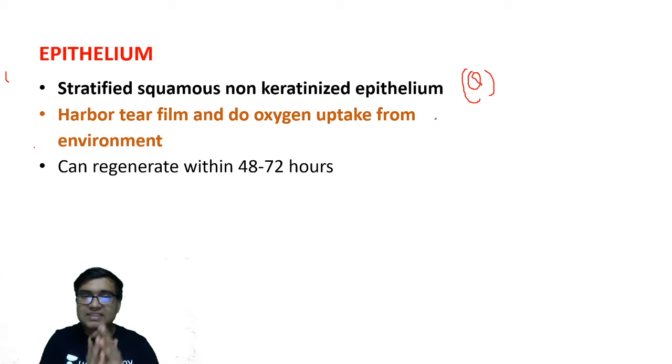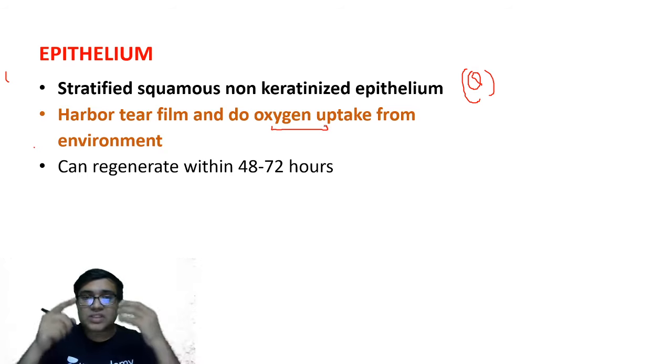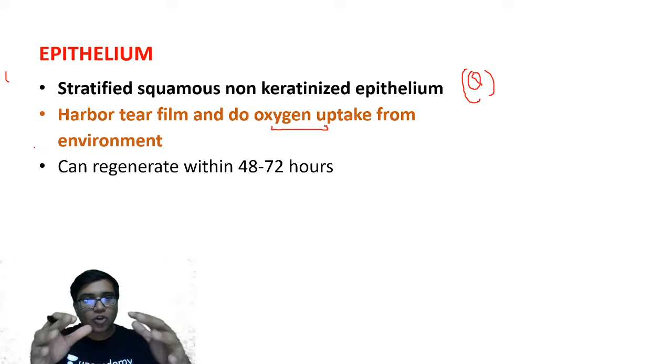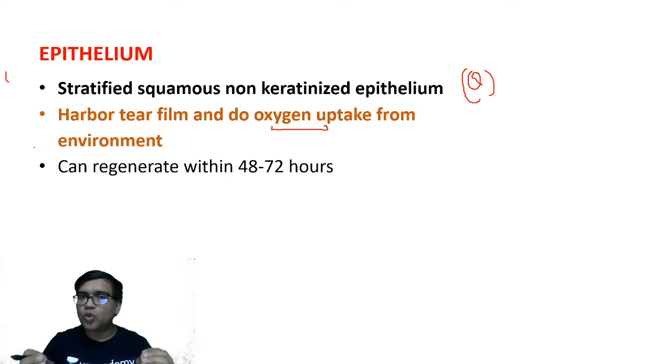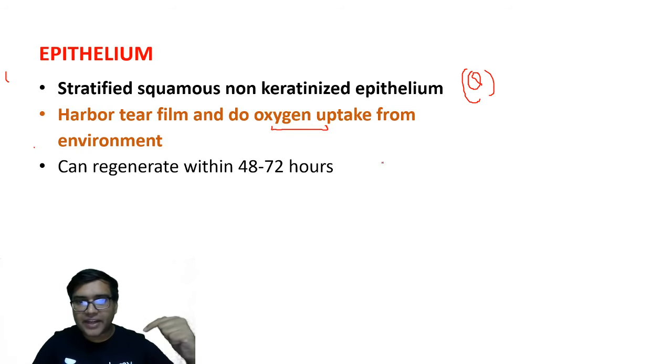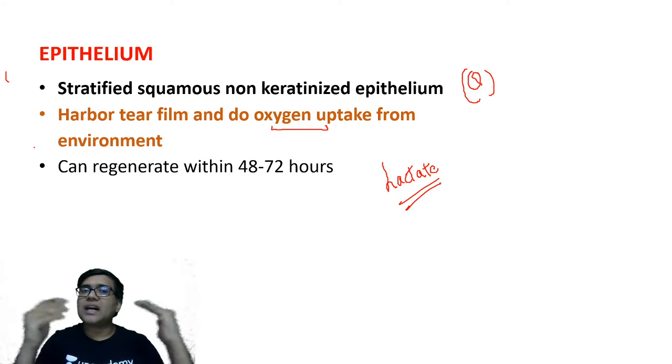It harbors the tear film and, very important, does the oxygen uptake from the environment. That's why when you use a contact lens over your cornea, it can cause less oxygen to go inside, causing accumulation of a very important substance, lactate, which can cause corneal edema.